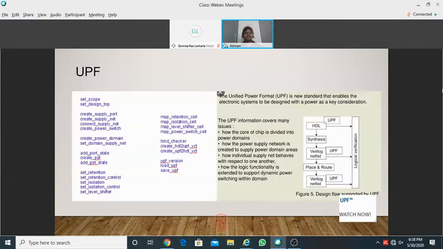I'm just giving a simple example of how a UPF looks. You can see on the left-hand side, you can create a power domain. For example, you have VCC at 1 volt. You can say my power domain VCC, like domain 1, has a supply voltage set to domain supply voltage 1 volt.